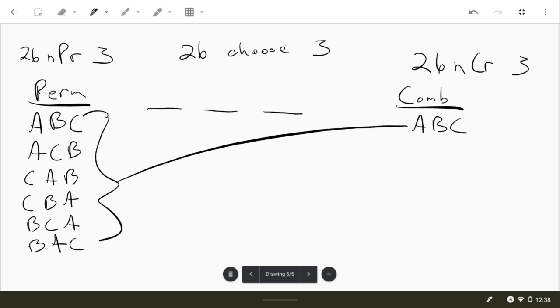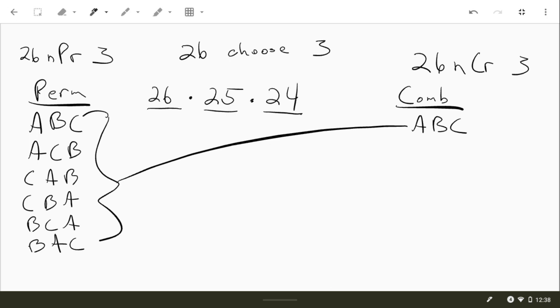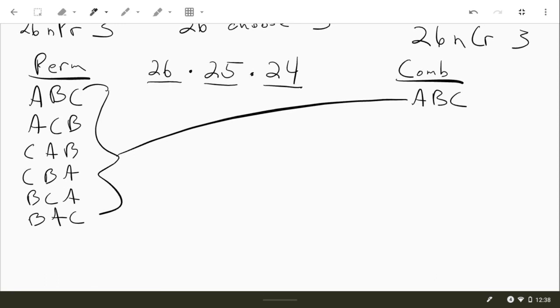Well, for this first position, we have 26 options. For that second position, we have 25 options since we've already chosen 1. And for that third and final position, there are now 24 options. Using that counting rule, when we multiply this together, that's going to give us the number of permutations.